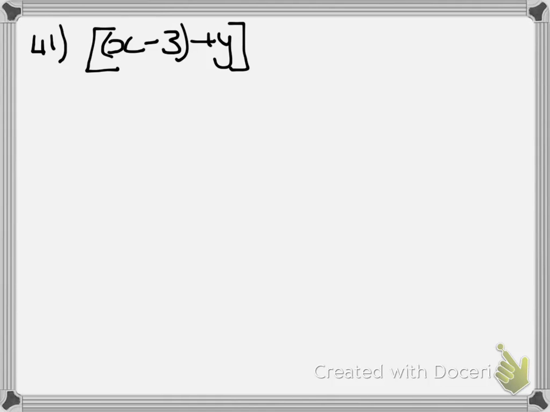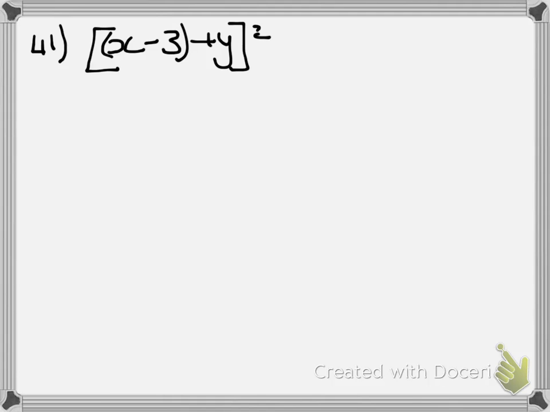Number 41 is an interesting one. So let's do that one. Parentheses x minus 3, or bracket and parentheses, plus y everything squared. Now I would suggest we do it this way.